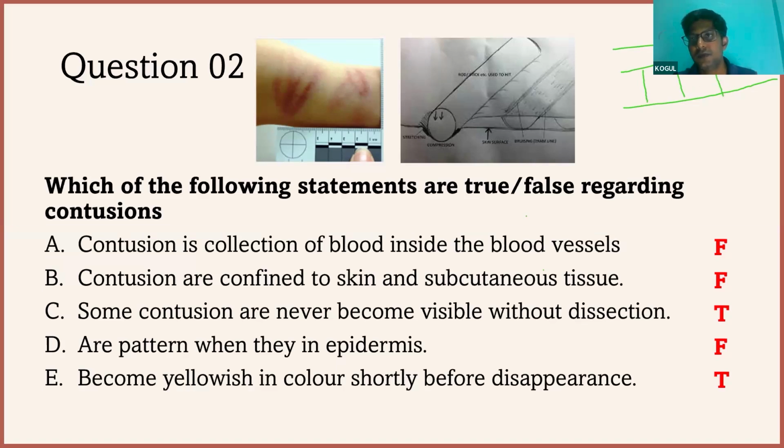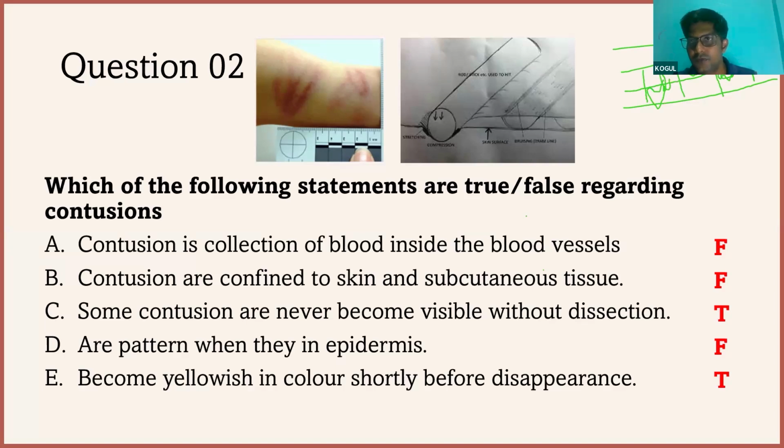So this is the dermis, this is the epidermis, and the dermis has blood vessels. Say there is an impact over the head. What will happen? This area will stretch and bleed, and blood collects in the area. So at the edges of the weapon only, you will get contusion.